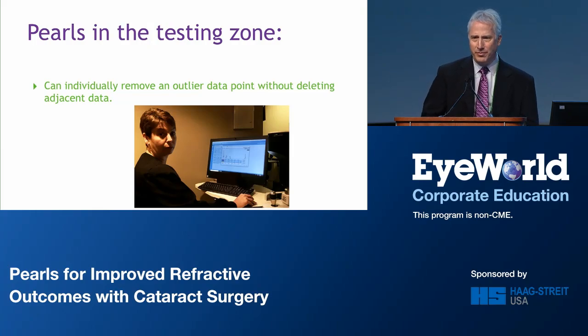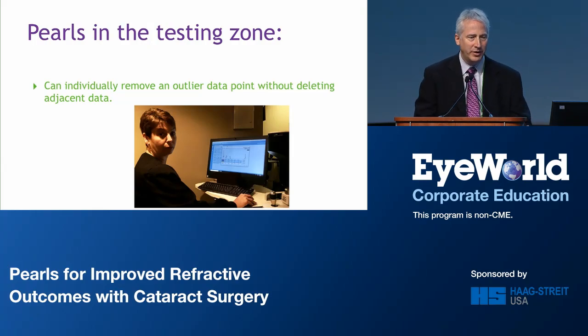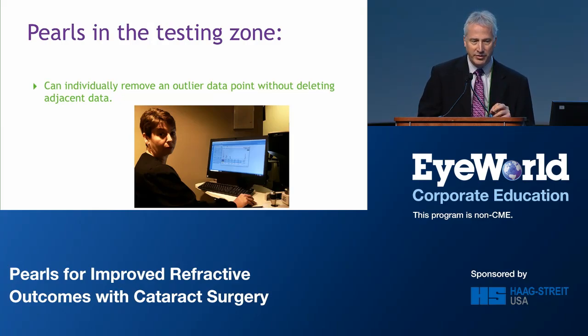So I'm going to talk about different pearls, and we're going to break them up into different areas. Now, Frank just mentioned a number of the really good pearls within the testing zone, so I'm not going to spend a bunch of time with that. But in addition to what he has already mentioned about being able to delete a data point, unlike many other machines, when the data is collected, in many of the other machines that we have out there, if you want to delete a data point, you have to delete all of the associated data points as well.